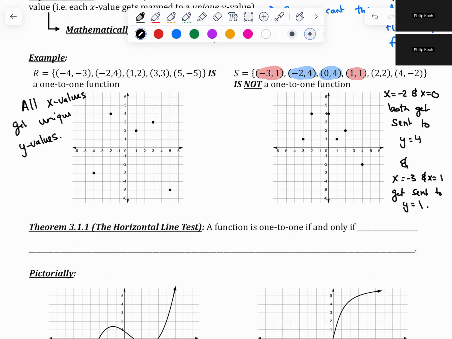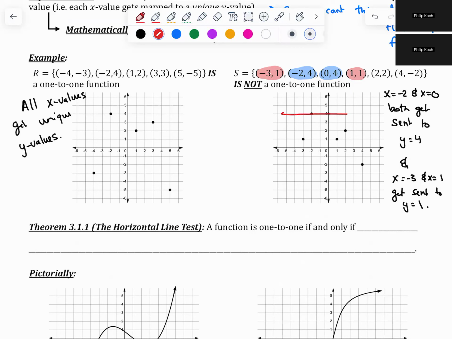As the next line kind of gives away what's happening, unfortunately, I should probably just get rid of that name. The horizontal line test. What is it that determines whether or not a function is going to be one-to-one? A horizontal line. Oh man, I gave it away.